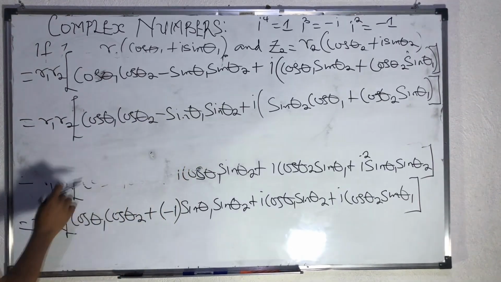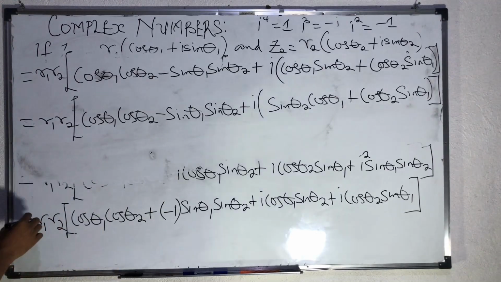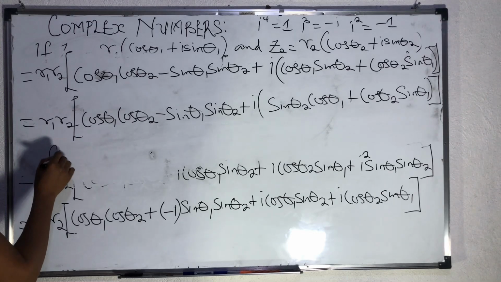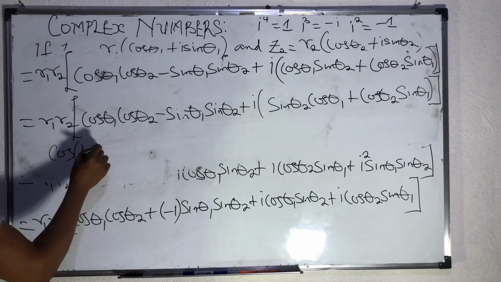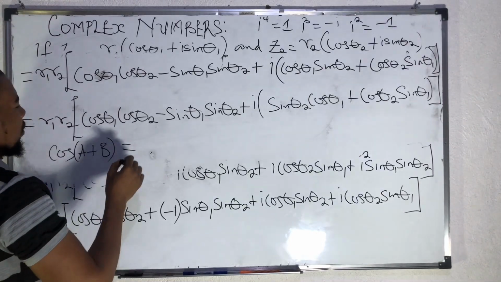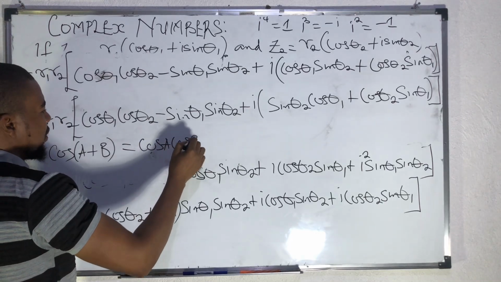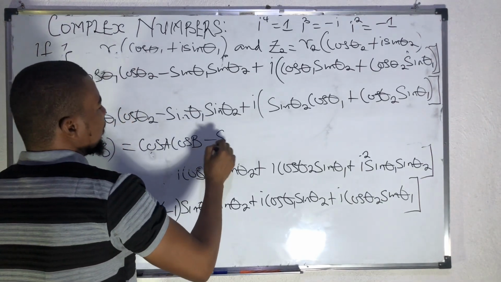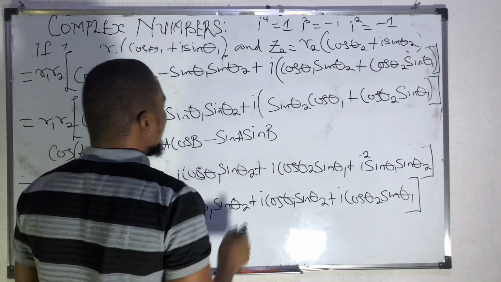If you have such an identity, let's say you have cos A plus B, cos A plus B is equal to cos A cos B minus sine A sine B.